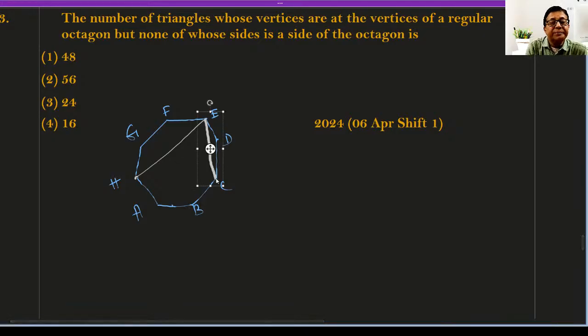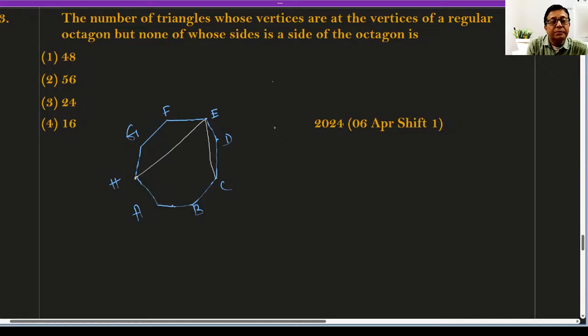Just join. You get this triangular shape. Okay, this kind of triangle, how many? I have started with the vertex C. You can start with any one of the vertices, isn't it? So for 8 vertices, one vertex can be chosen how many ways? 8C1 ways.